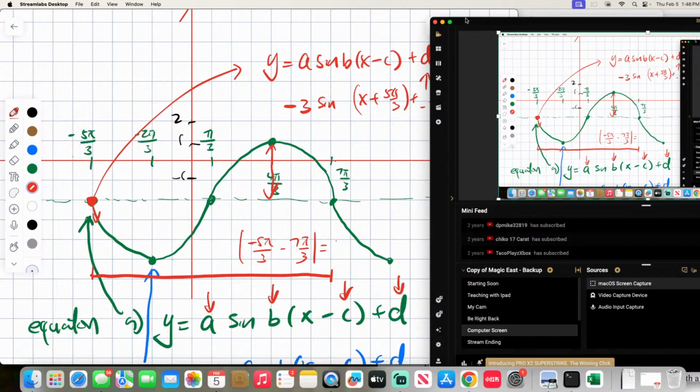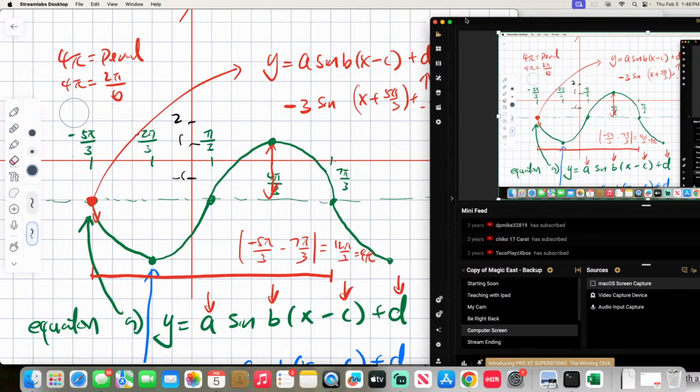So that's equal to 12 pi over 3, which is 4 pi. So we know 4 pi is equal to the period. Did you write it down? 4 pi also equals 2 pi over b. Is that okay? And then I'm going to multiply both sides by b, so 4 pi b equals 2 pi. So b is equal to 1/2. So this is 1/2.